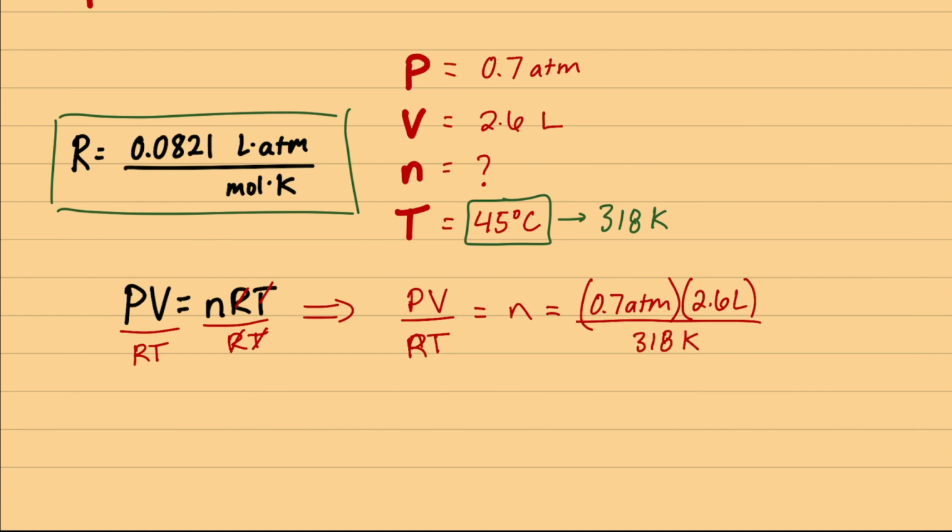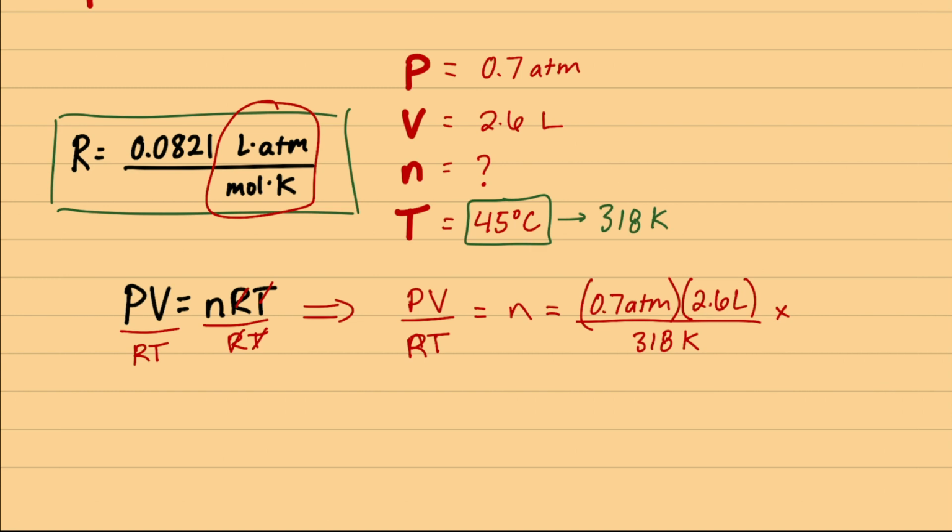And I'm actually going to do my R separately. That's what that guy in the video did, where he took his R out of the fraction and dealt with it separately, because R has an ugly unit like this. So he said it would be easier if you just took it out and dealt with it separately.